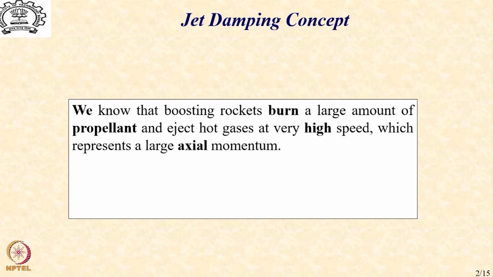So let us start by recalling the fact that all the boosting rockets burn a large amount of propellant and eject hot gases at very high speed, which represents a large axial momentum.